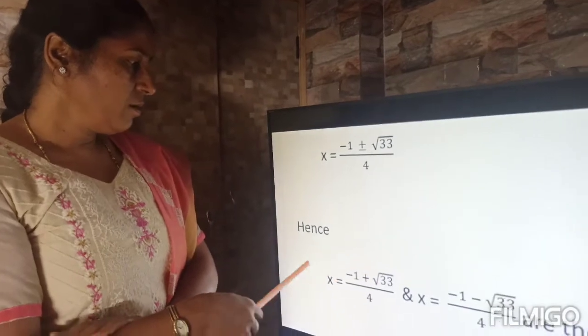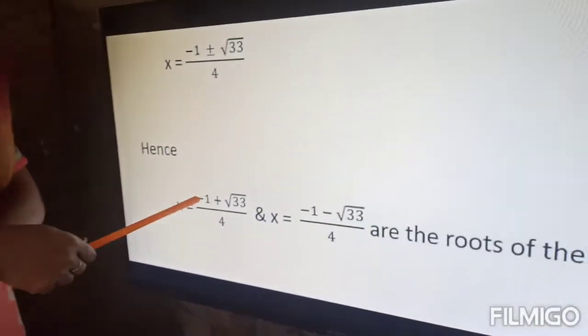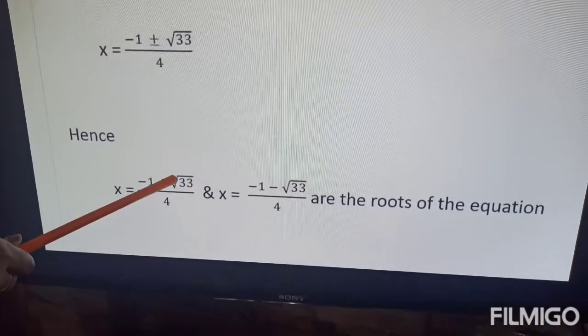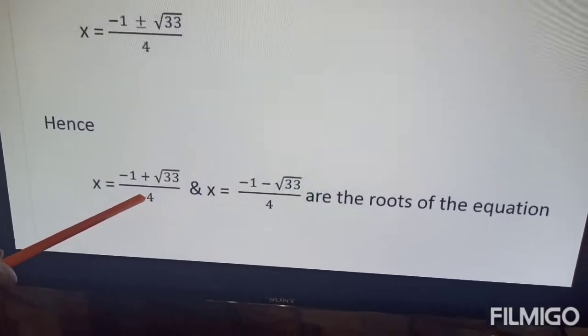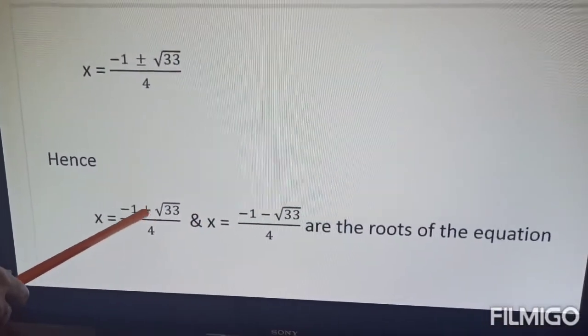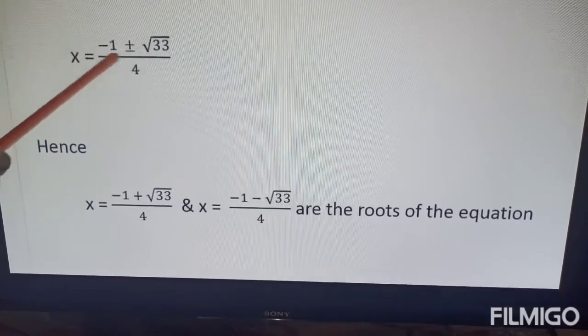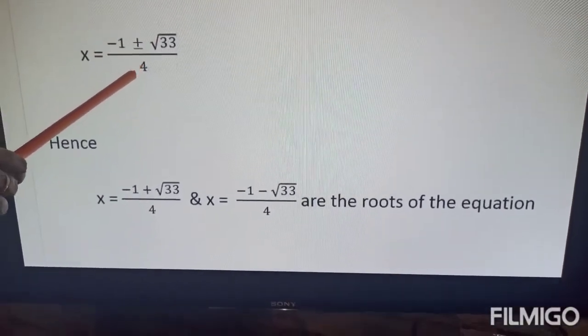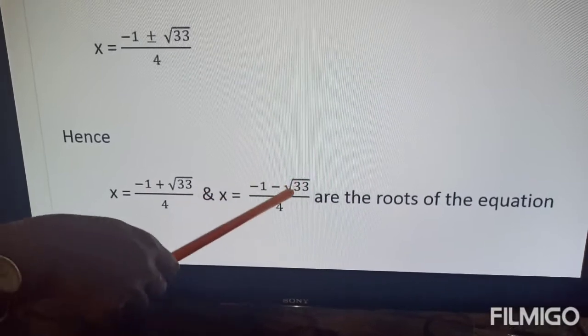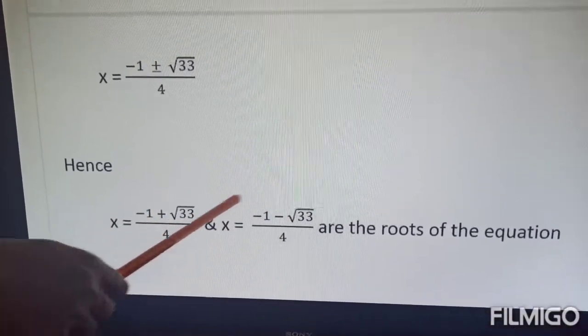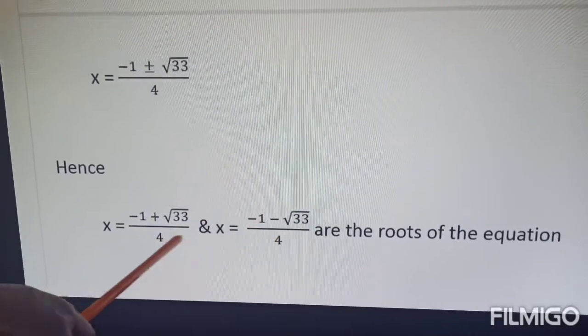Okay. Now x is equal to minus 1 plus or minus root 33 by 4, and once we took a plus here, two equations, plus or minus. That I separated here. Once I took a plus, once a minus.